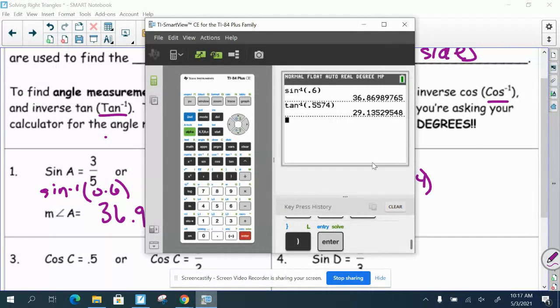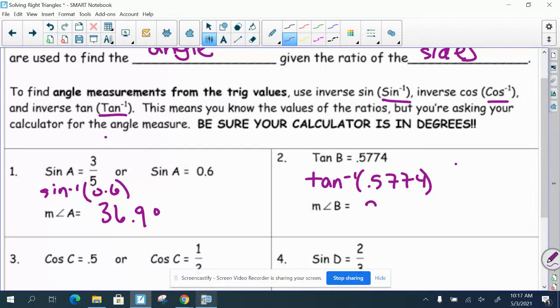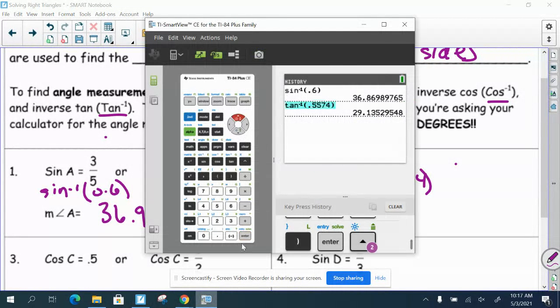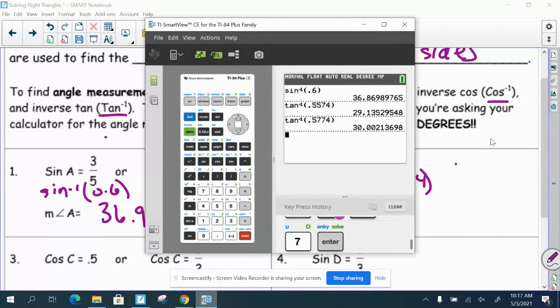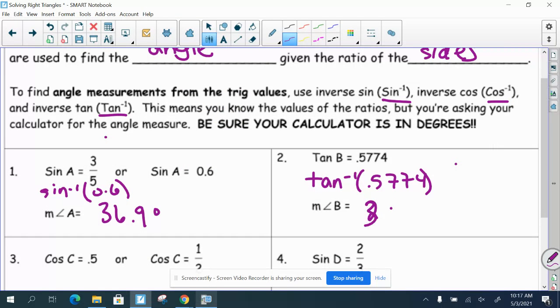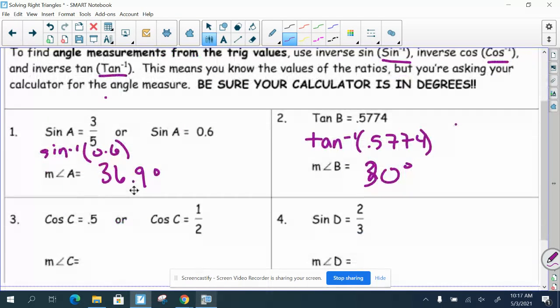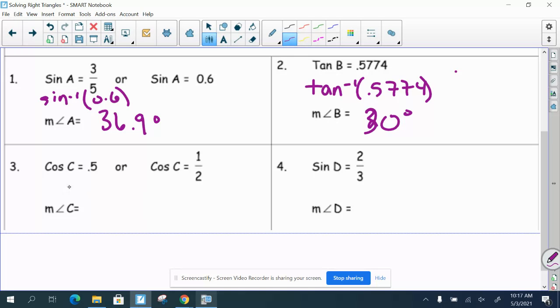And we get 29.1 degrees. Oh, I think I typed that in wrong. Two sevens. 30. So this is about 30 degrees. Okay, so you get the point. You do cosine inverse of 1/2 and then sine inverse of 2/3, and I'll let you do those ones on your own.